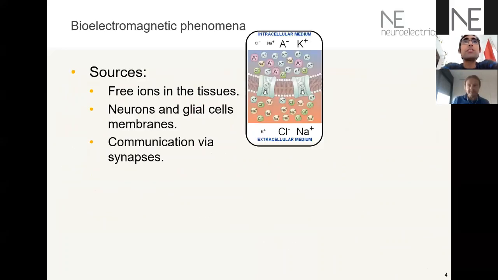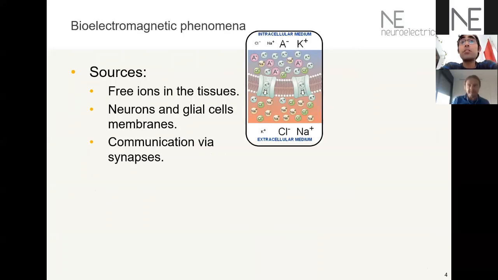Electrical stimulation is part of a group of techniques that can be framed within bioelectromagnetic phenomena. These phenomena happen because in the tissues, in the intra and extracellular medium, we have ions, and these ions have electrical charges. So our tissues in the head, in particular, can conduct electrical signals.